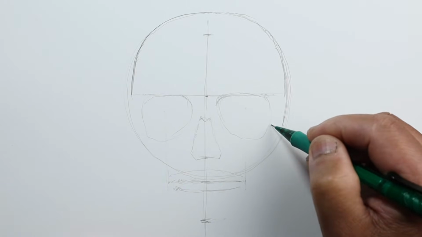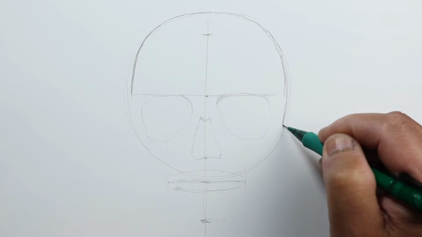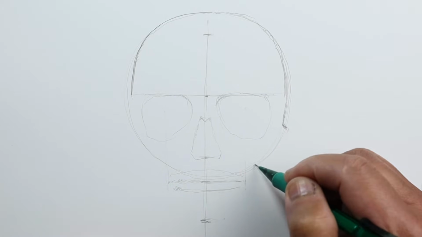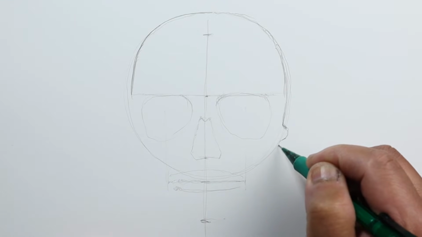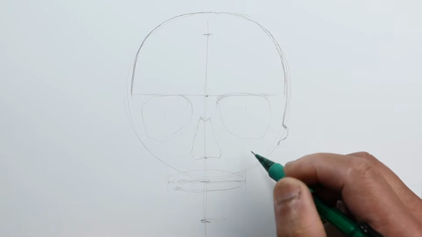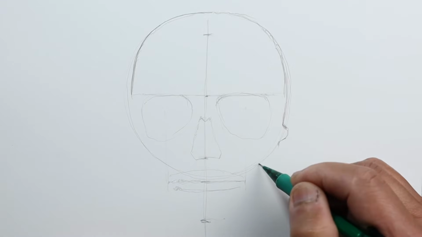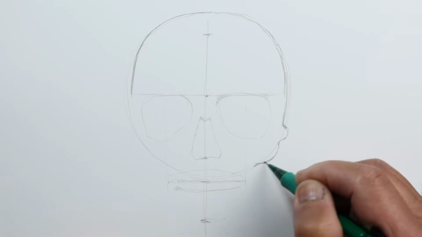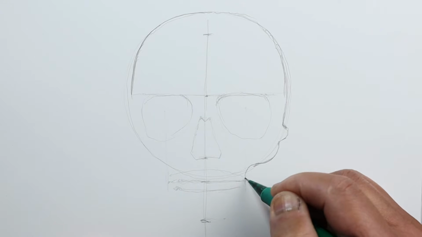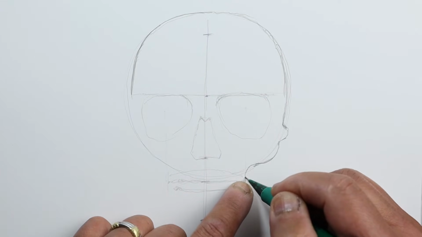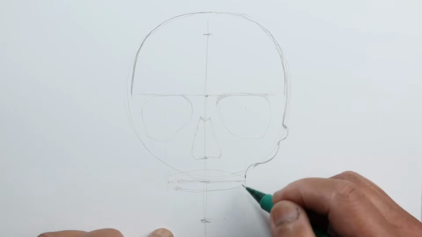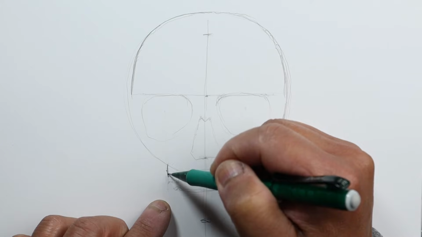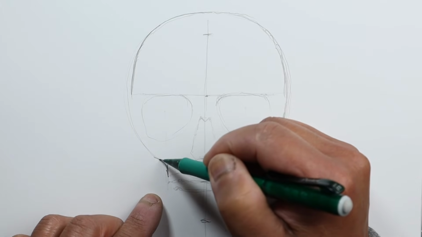So then this bone here actually kind of comes out, called the zygomatic bone, and then go down a little bit here, and just below the bottom of the nose here is where the cheekbone ends, to go inside to where the teeth would be. Okay, so we'll do the same on the other side. Kind of goes out this way.